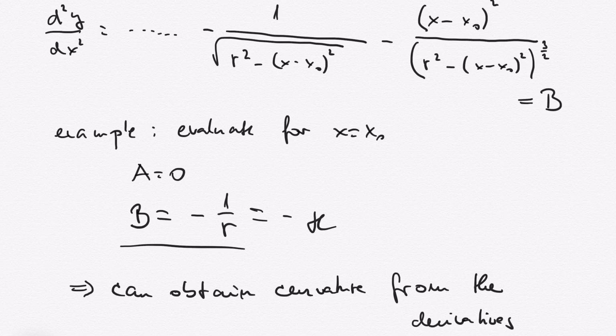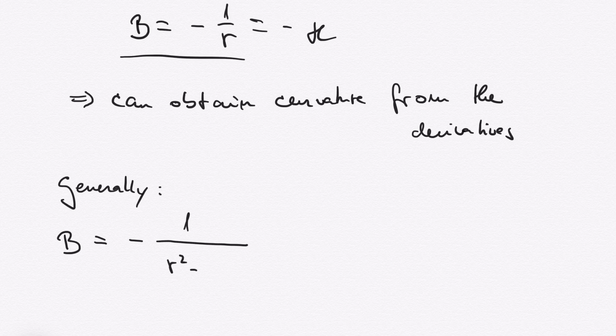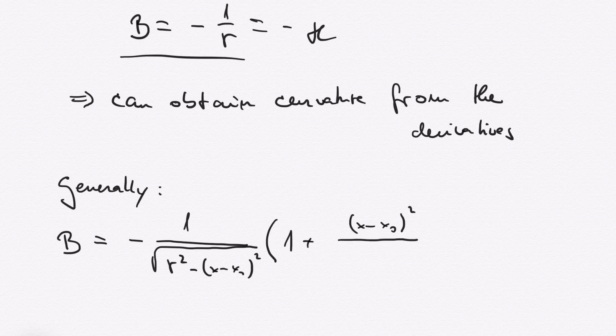I'm sorry for that. And so we can obtain the curvature from the derivatives. Now, generally, let's obtain this 1 over r or minus 1 over r from a and b, that means from the first and second derivative.